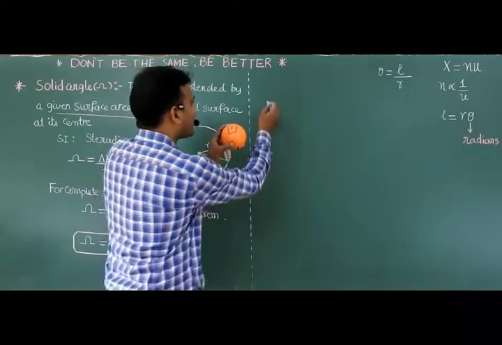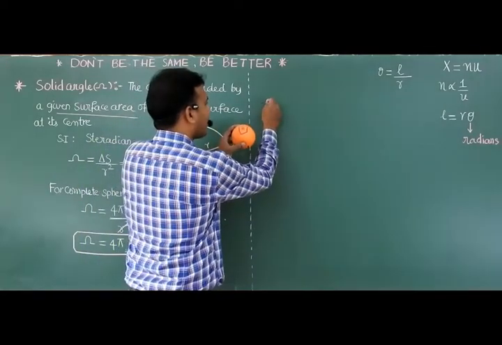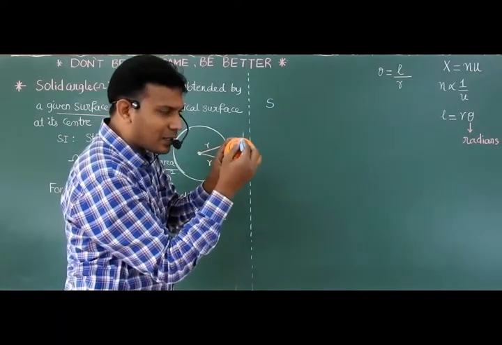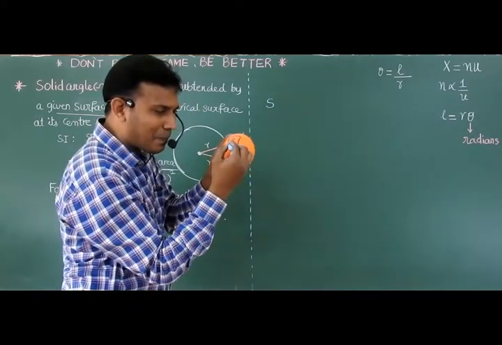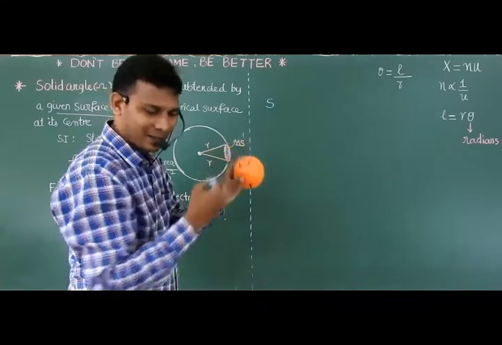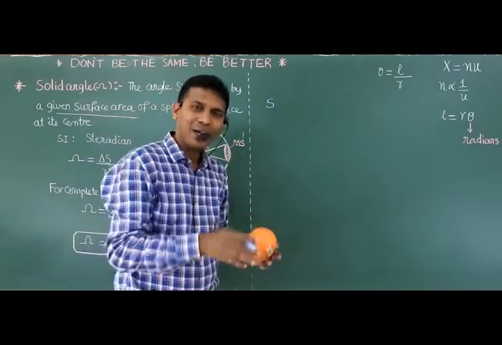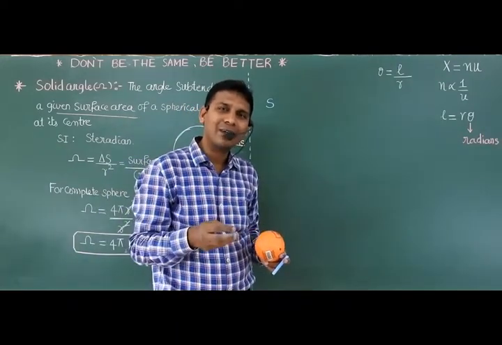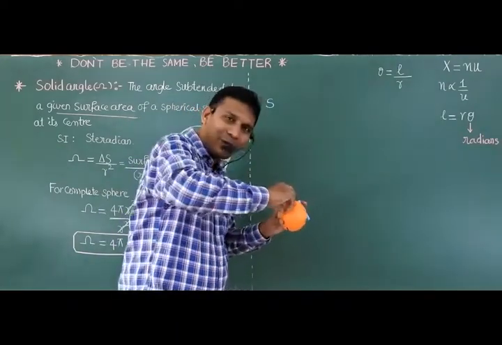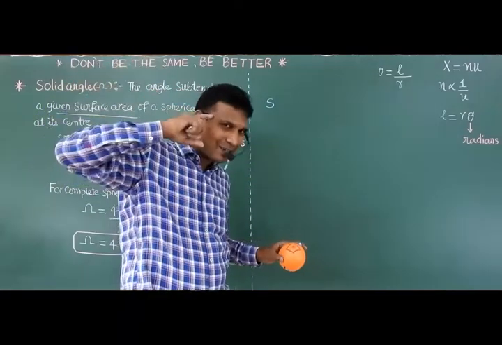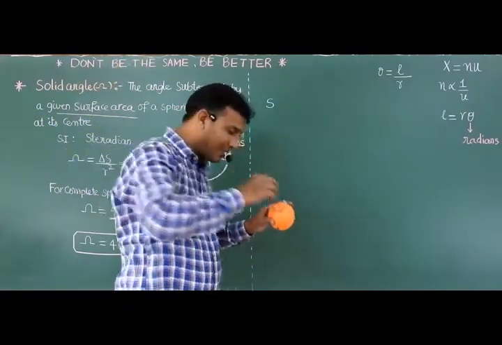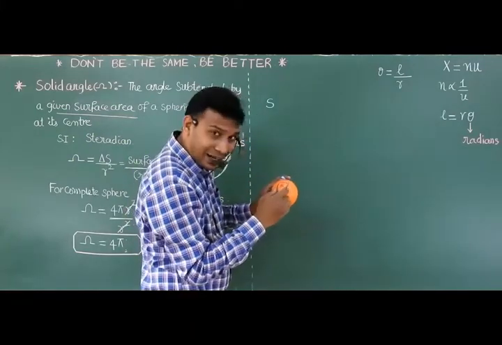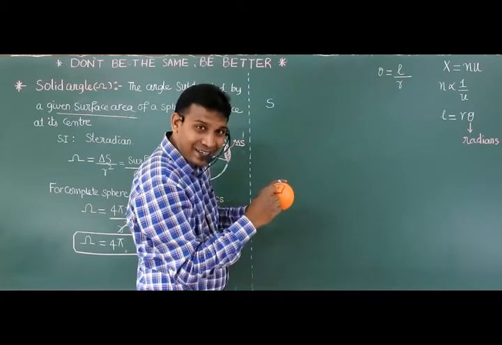I can choose only this much part of this sphere. For example, if you cut the watermelon before purchasing, when you ask for a taste, they will cut one piece for taste. That part, here I am assuming, is dS.